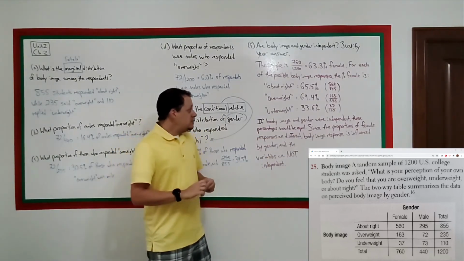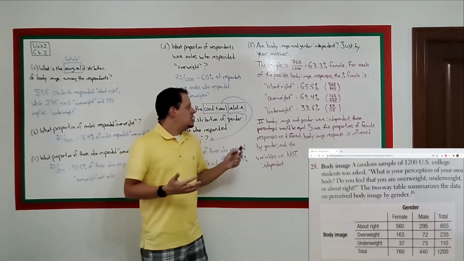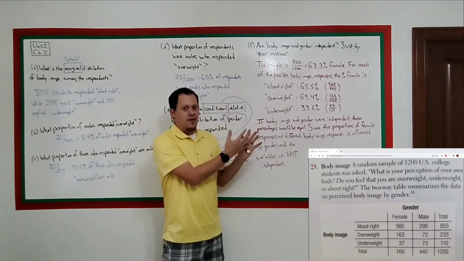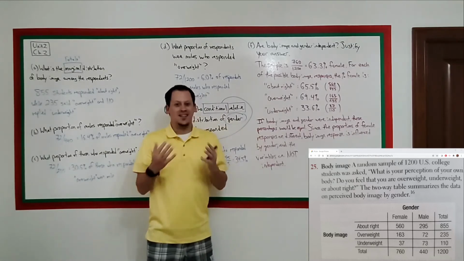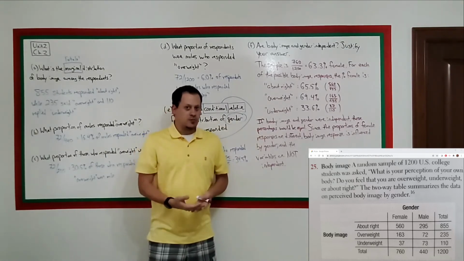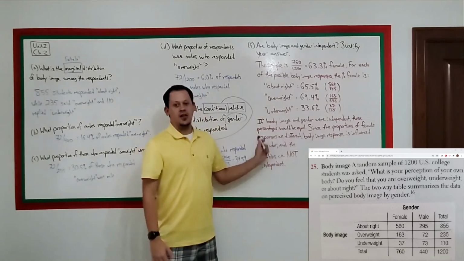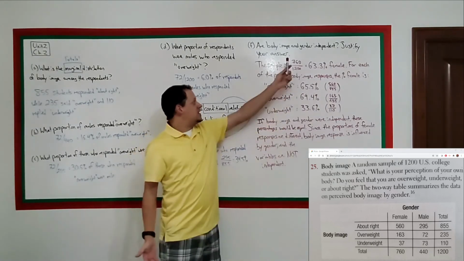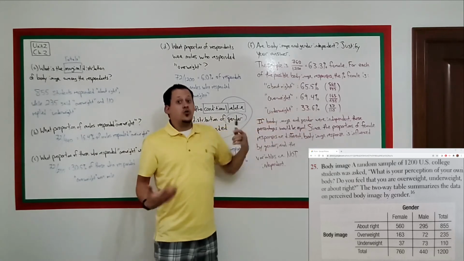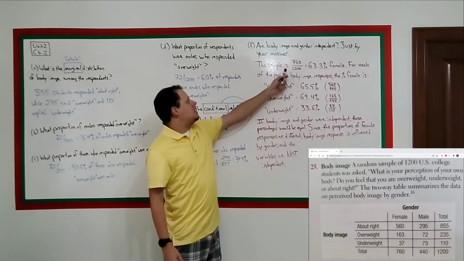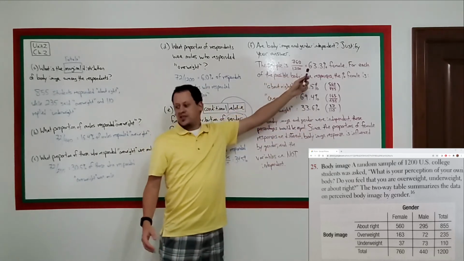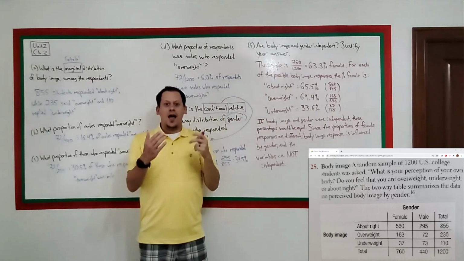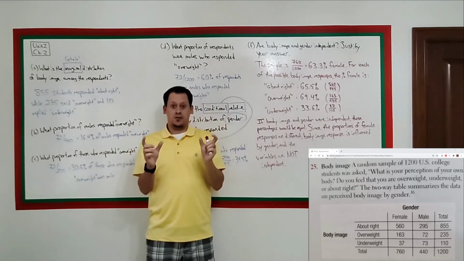So again, your response should have calculated some marginal percentages or some conditional percentages and determined it that way. You should have the same type of conclusion here. But what you calculated here might be different. You could have done the same thing with males. You could have done the same thing by saying, okay, the sample is whatever percent, about right, and then compared that to males and females.